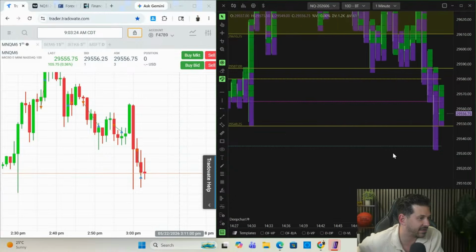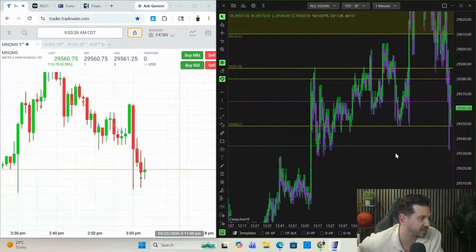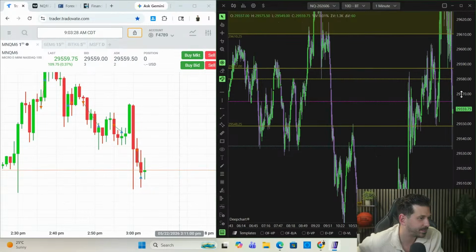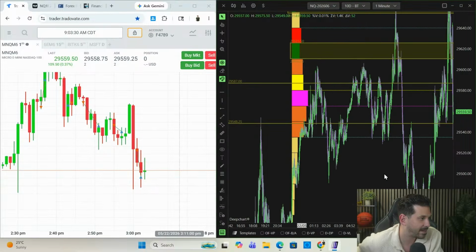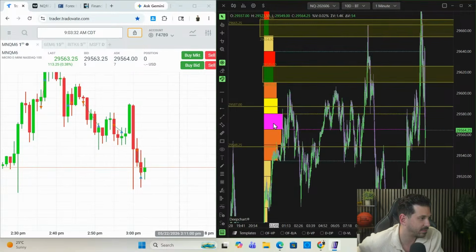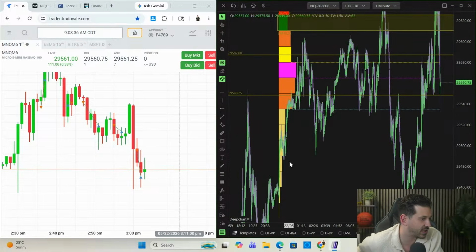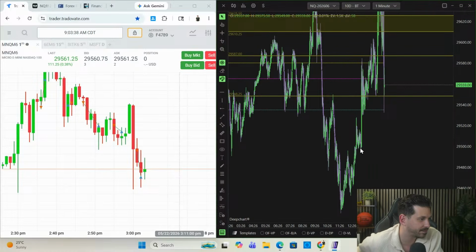Let me find any other interesting areas where we could see stuff. So we're around the point of control for today. There's nothing really below us apart from a few minor structural lows, and then a major low here on the day. I think that's probably the low of the day.